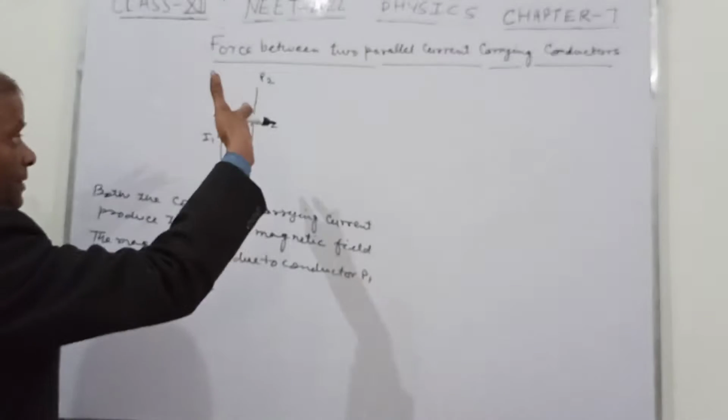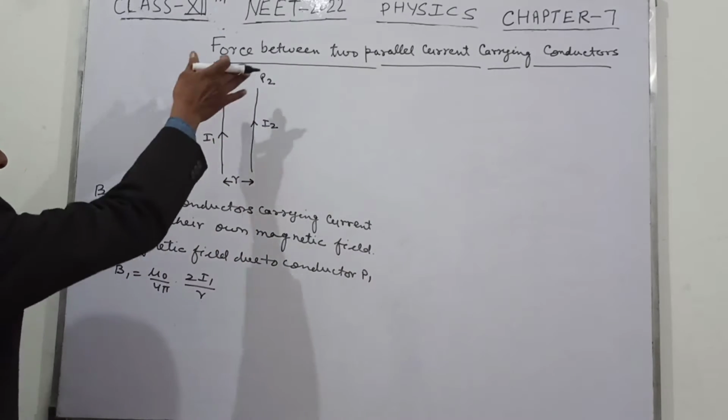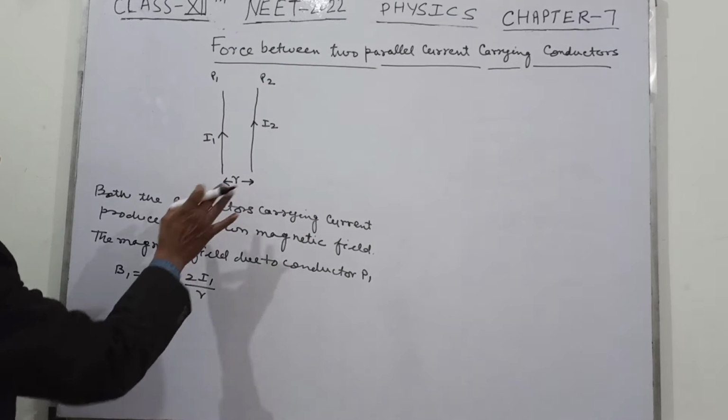The magnetic field due to conductor P1, B1 equal to mu naught upon 4 pi into 2 I1 upon R. This is now its distance R. Then this will be vertically inward to the plane of this board.